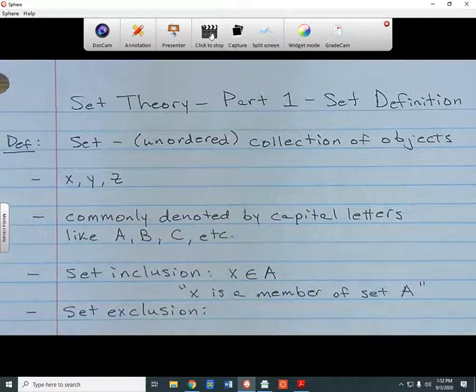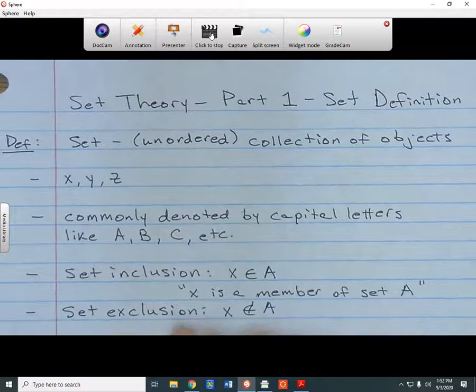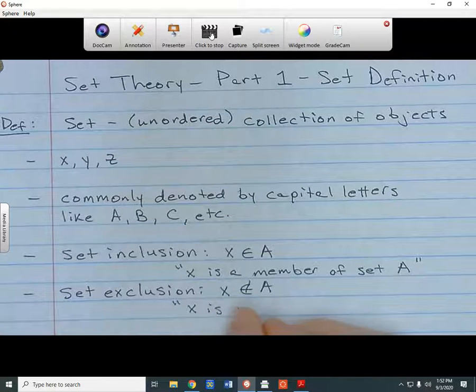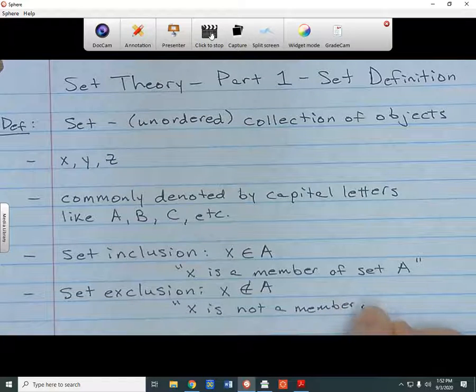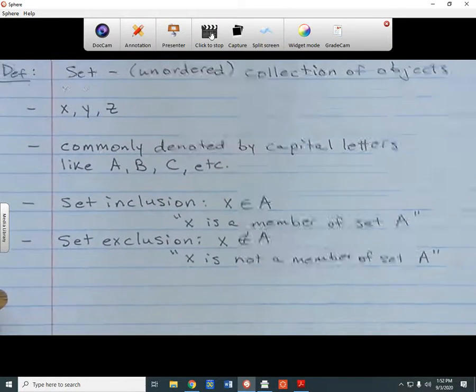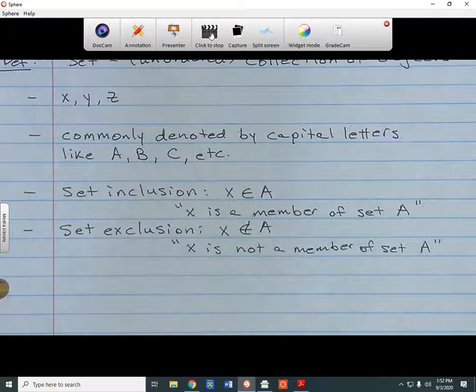So instead of saying X is a member of set A, we say X is not a member of set A. Alright, so you see that the difference between inclusion and exclusion is X is included in set A and X is not included in set A.